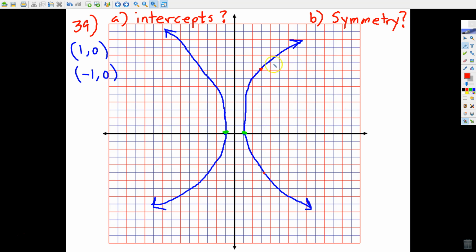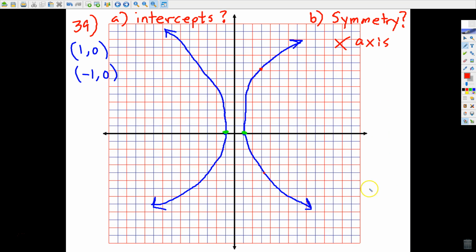So even though my graph is a little bit off, and I just freehanded this, would you expect this to represent x-axis symmetry? Does it look like there's a corresponding point down here on the other side of the x-axis that would have the opposite y-coordinate? So yes, we have x-axis symmetry.